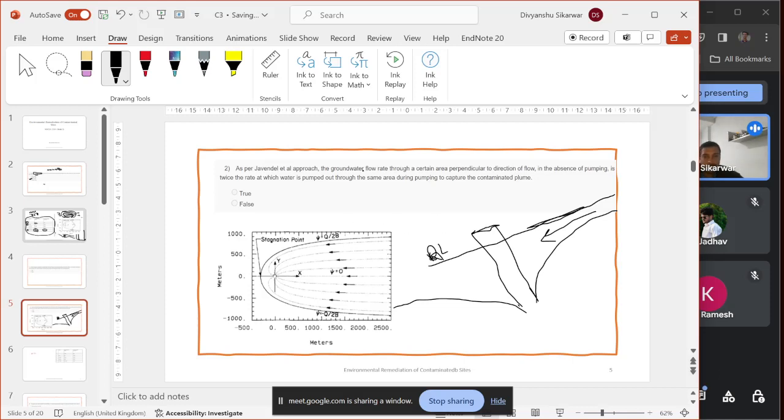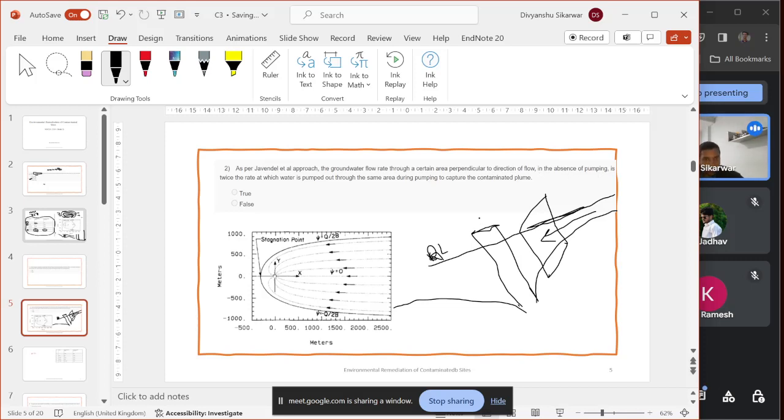The question is asking about the groundwater flow rate through a certain area perpendicular to the direction of flow. So if this is the direction of flow, there will be an area perpendicular to the direction of flow, something like this area. So that is the direction of flow in the absence of pumping.